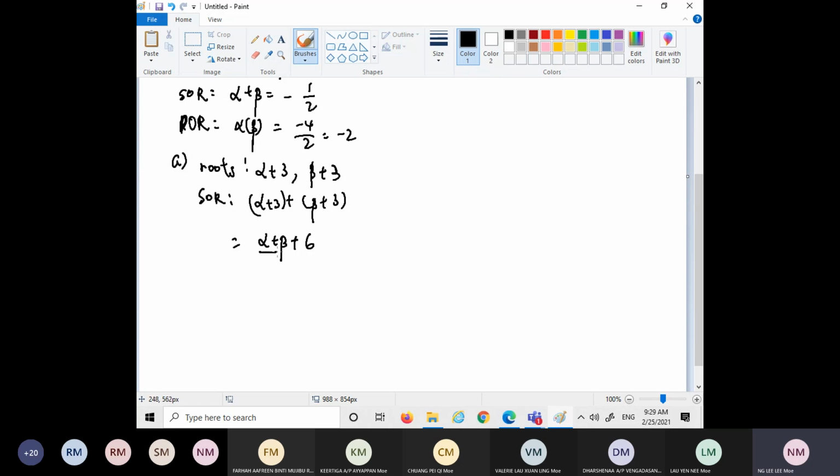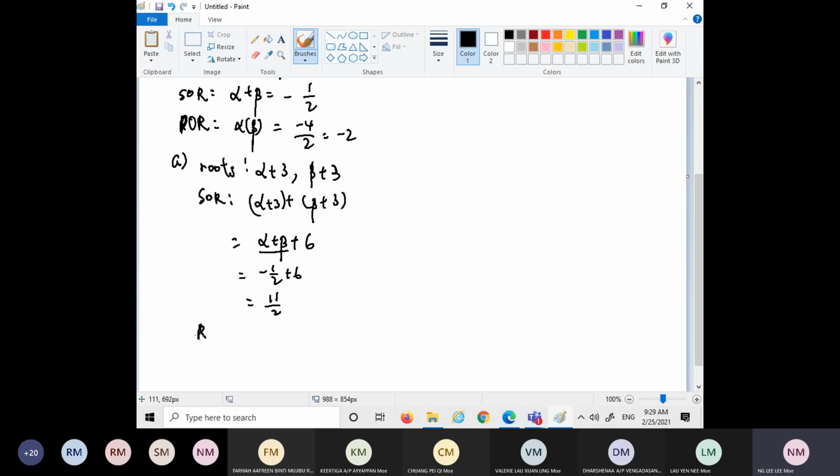Here you see alpha plus beta, I can substitute, I can replace it with negative 1 over 2. So this is negative 1 over 2 plus 6. The answer is 12 minus 1, so 11 over 2. So this is the SOR.